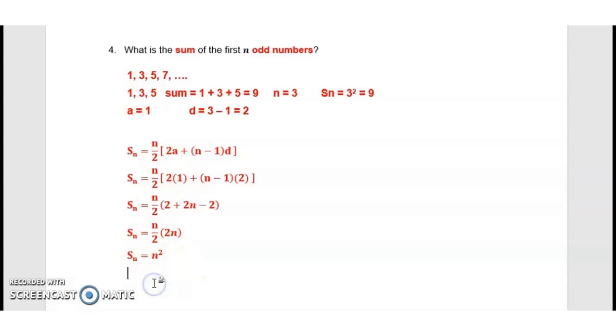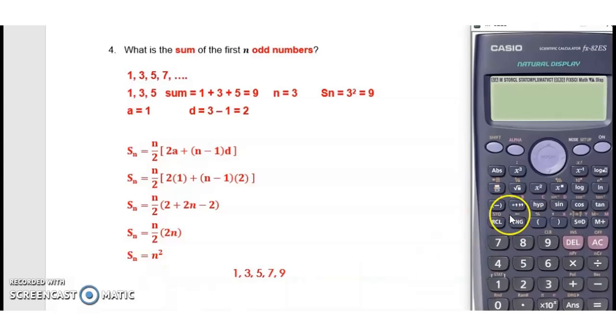If I give you another example, let's say we have 1, 3, 5, 7, and the last number is 9. What is the sum? The sum will be 1 plus 3 plus 5 plus 7 plus 9, right?